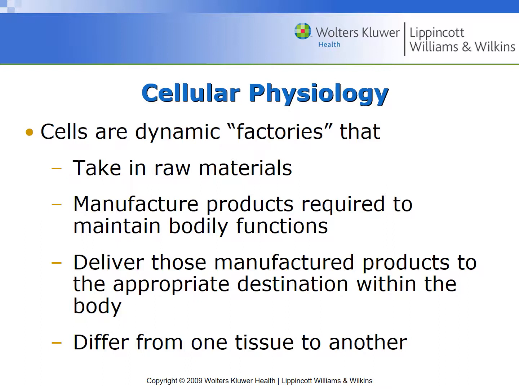They take in raw material and manufacture products required to maintain our body function. They deliver those manufactured products to the appropriate destination within the body, and they differ from one tissue to another, like cardiac cells versus muscle cells versus liver cells. So they all differ in how they react and how they respond.